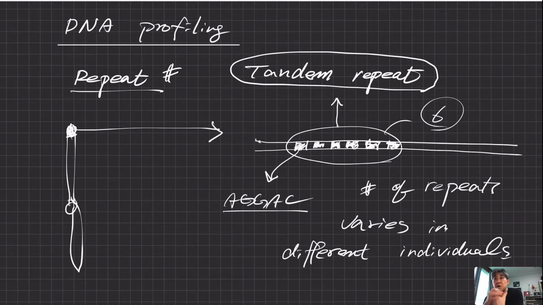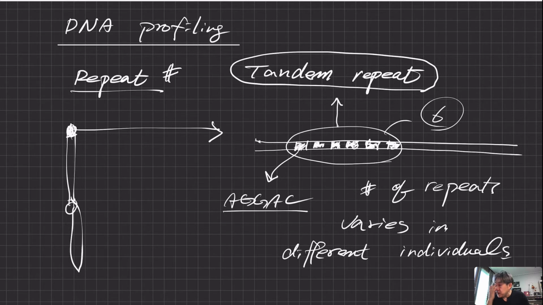So in all combinations, there is no way one person has an exactly identical number of repeats with another person. That's the key. Unless these two individuals are identical twins, even this number of repeats is not going to be identical between a mother and a child, or a father and child.